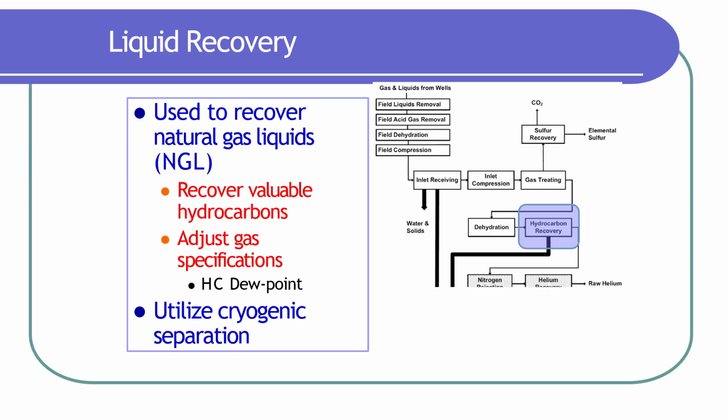Another major unit that can also be found in a natural gas processing plant is the liquid recovery unit, which is this unit here. And you can see it's directly after the dehydration.